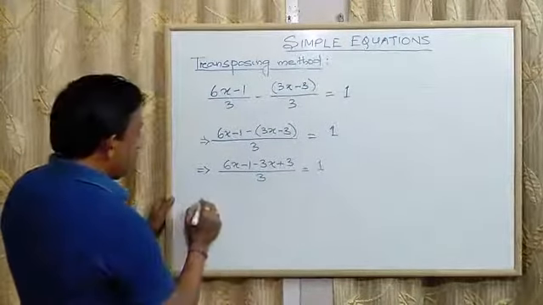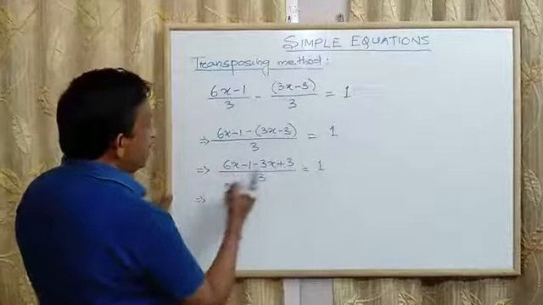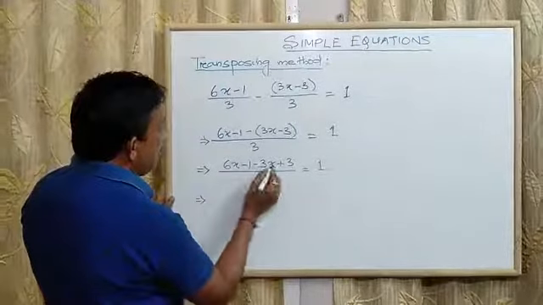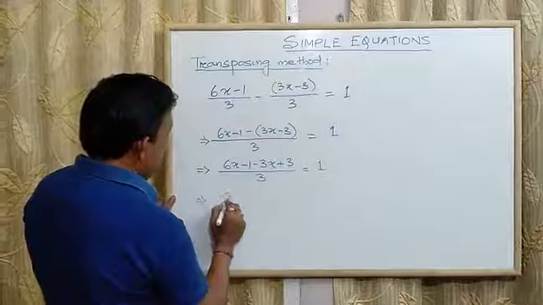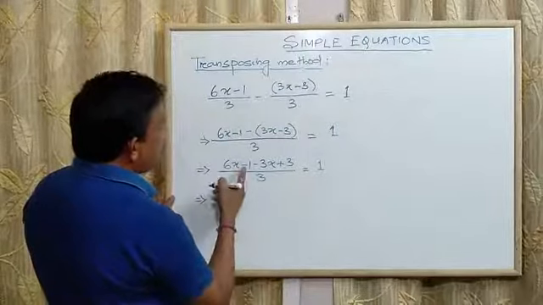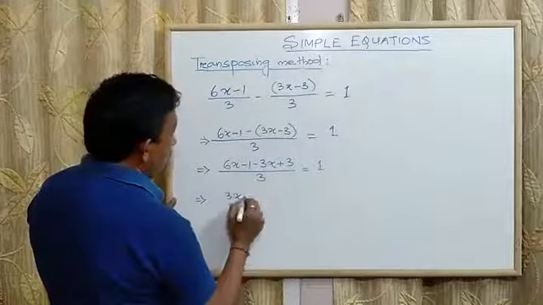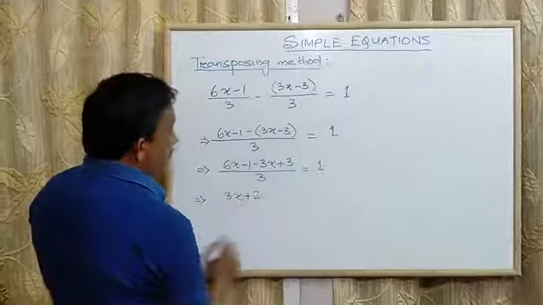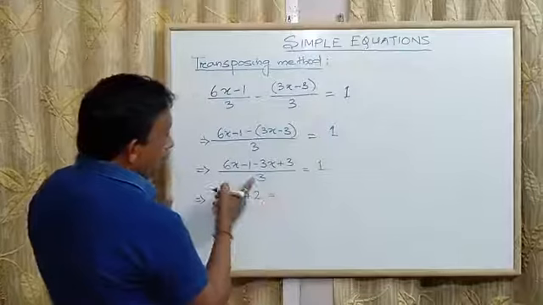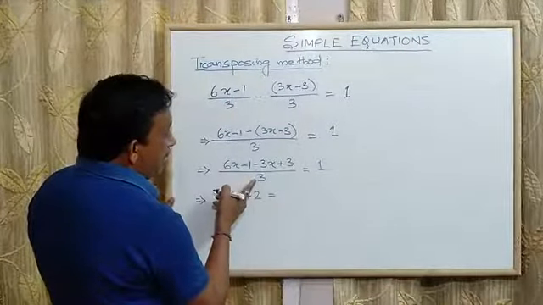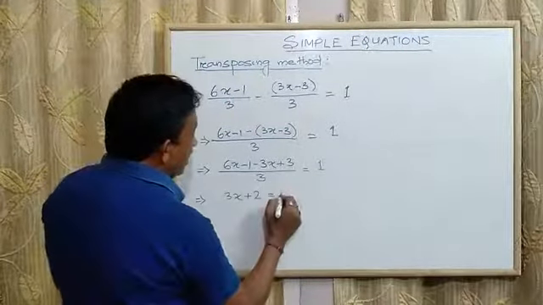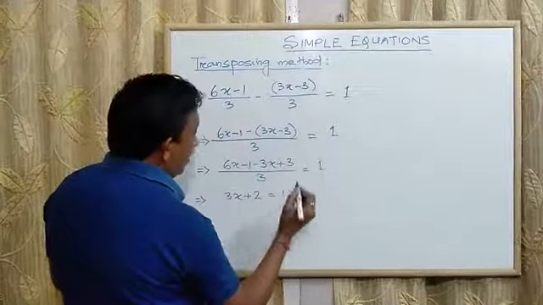The next step is to solve this. 6x minus 3x is 3x, minus 1 plus 3 is plus 2, is equal to, this is the denominator, when it changes the side, it goes to the numerator.